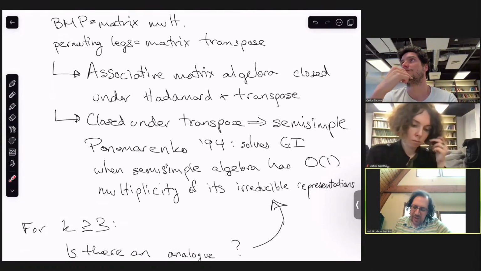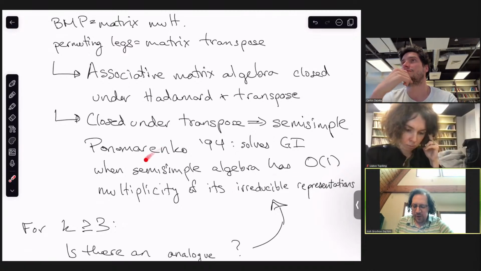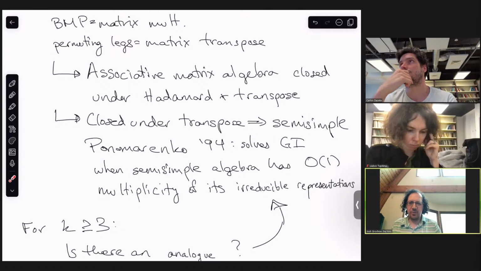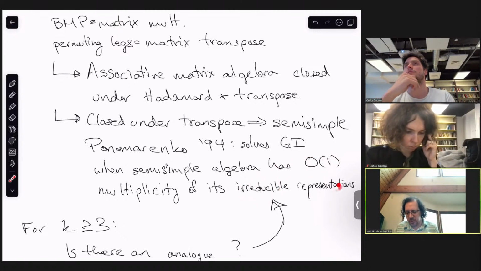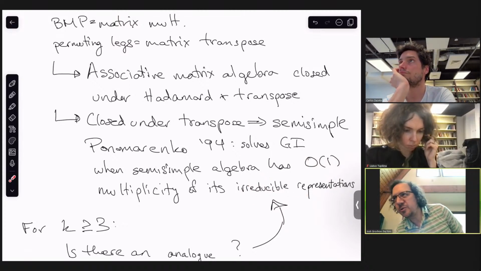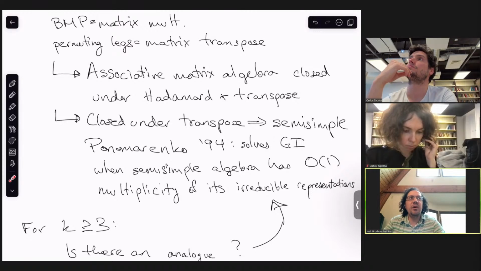Well, maybe, right. And then the other thing is that Ponomarenko has this algorithm that works when you have this condition on the representations, which is really the key thing. And one thing I'll say is this generalizes prior work: before Ponomarenko's paper, there was a paper by Grigoriev and Mount where they solved graph isomorphism in polynomial time for graphs with bounded eigenvalue multiplicity.